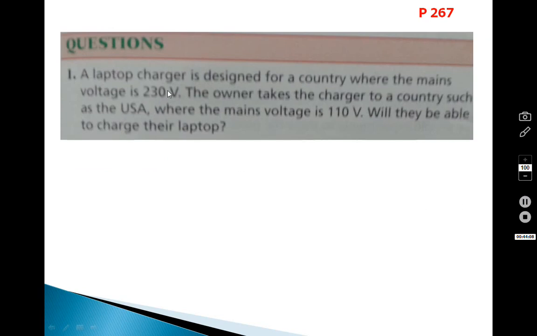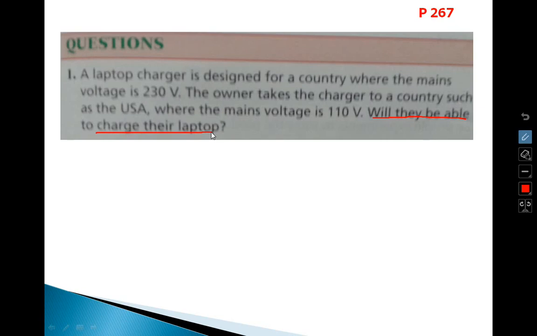On page 267, question number 1 says a laptop charger is designed for a country where the mains voltage is 230 volt. The owner takes the charger to a country such as the USA where the mains voltage is 110 volt. So the question is, will they be able to charge their laptop?